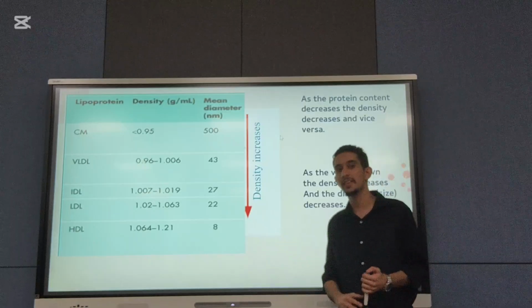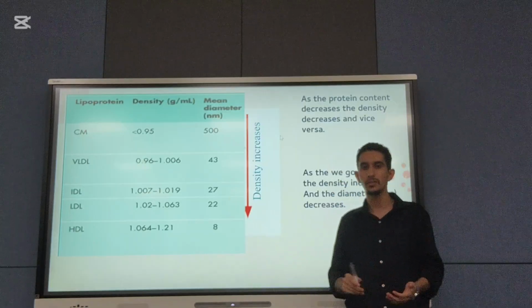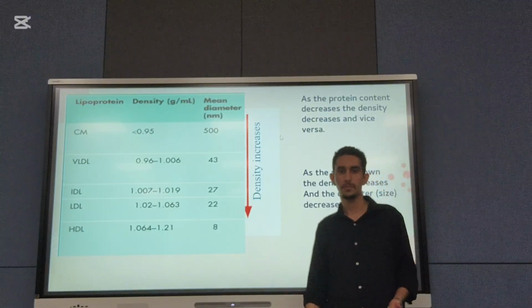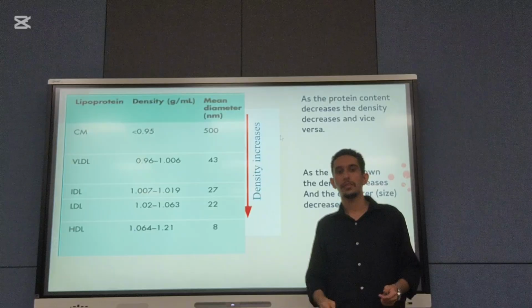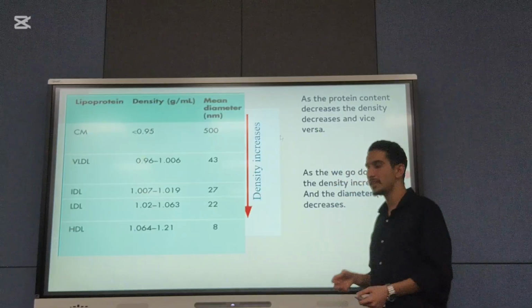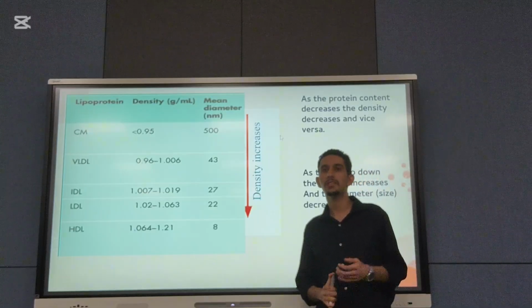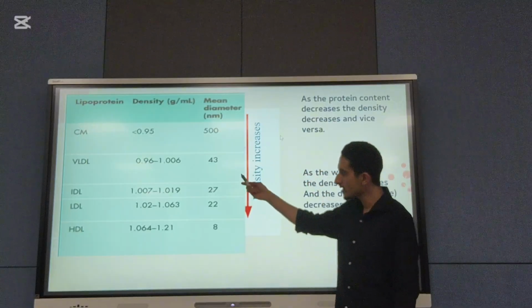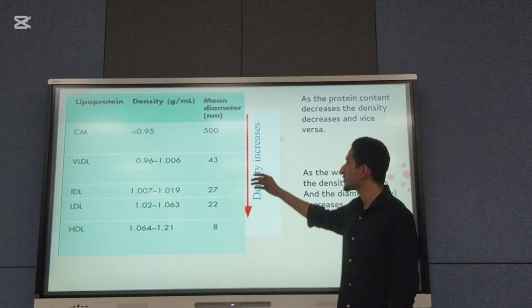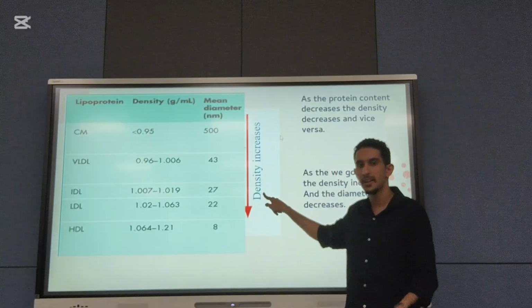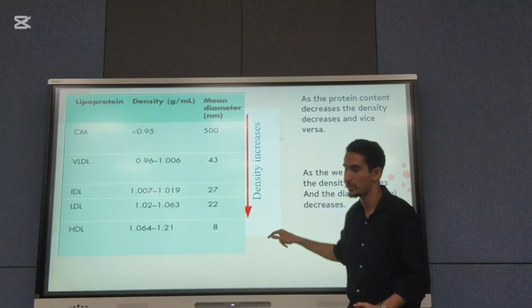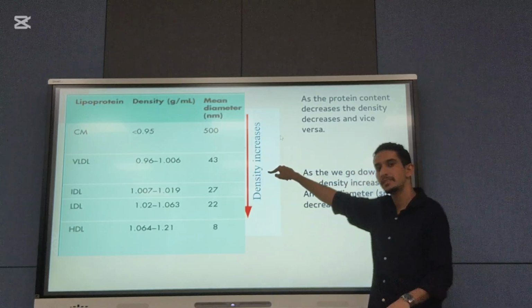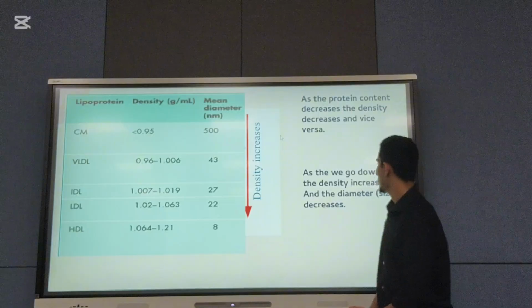As we said, when the density increases, the protein content increases relative to the lipid content. So the lipid content is now decreased. And we said the lipid content determines the size. So the density increases, the size decreases as we move downward.